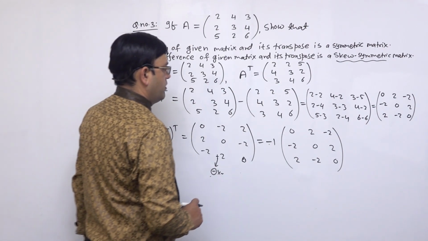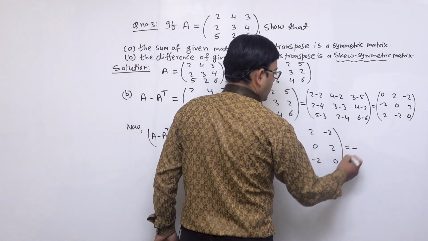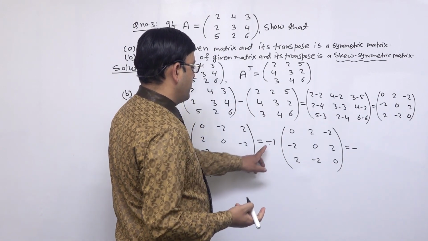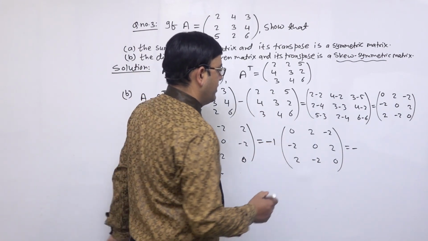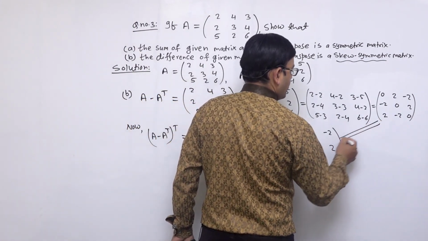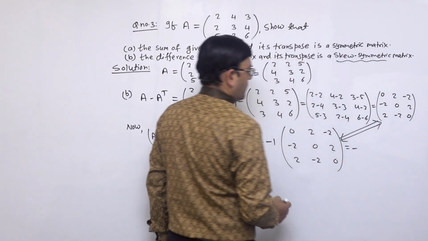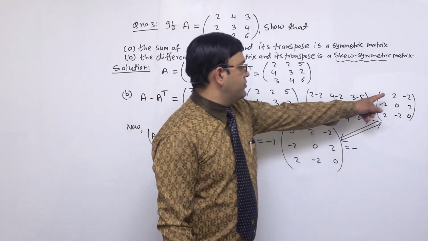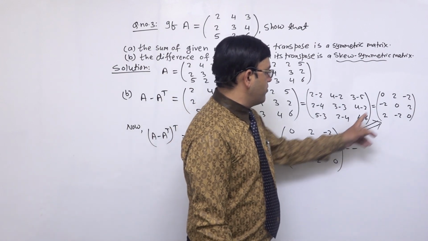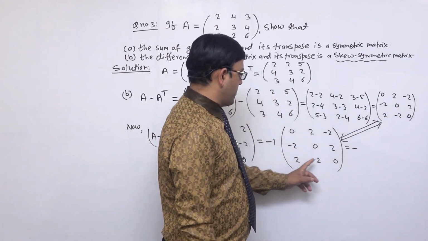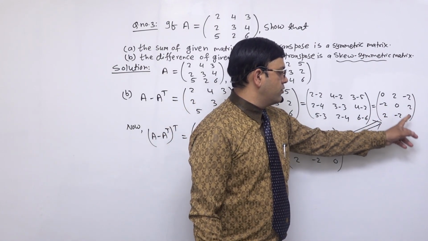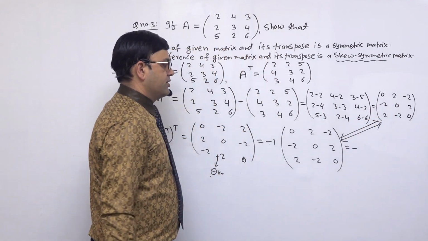This is equal to minus times the matrix. Is this the same or not? Check once: 0 2 minus 2, and then minus 2 0 2, and then 2 minus 2 0. These two matrices are equal. This is the same.